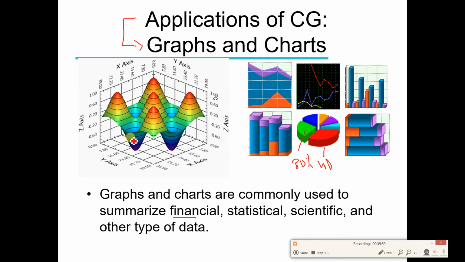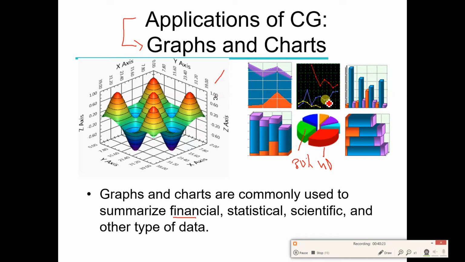So this is a kind of three-dimensional representation of some scientific data. Of course, we also have simple graphs like bar graphs or line graphs which can represent data. This might be the performance of different people or different commodities.